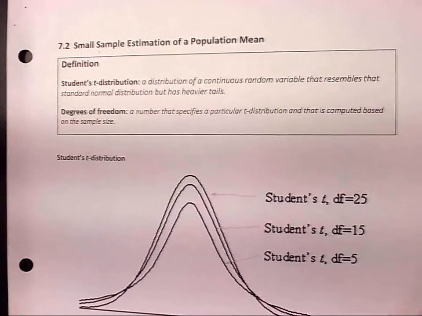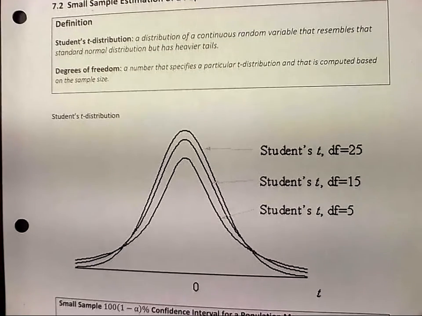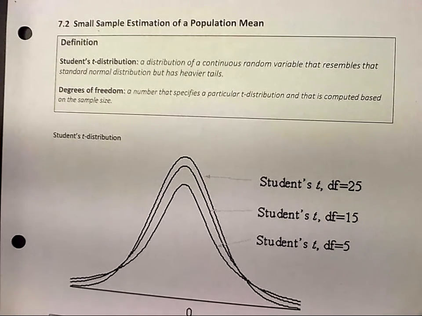Awesome. All right, so here's this. Let's take a look at the t distribution, where we're getting these t's from. Then once we get through this page, we'll start doing some word problem examples. All right.